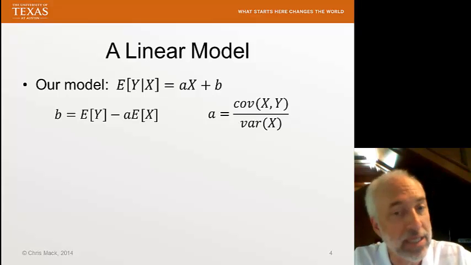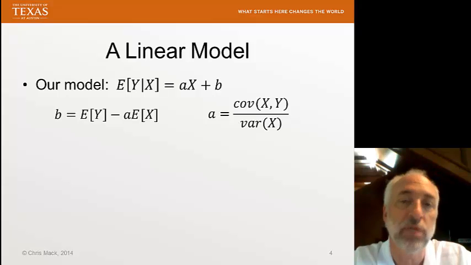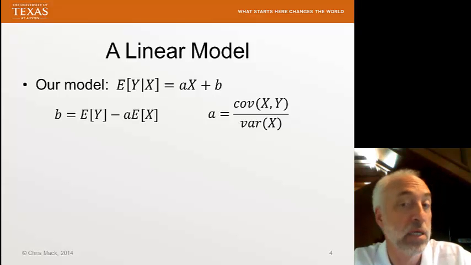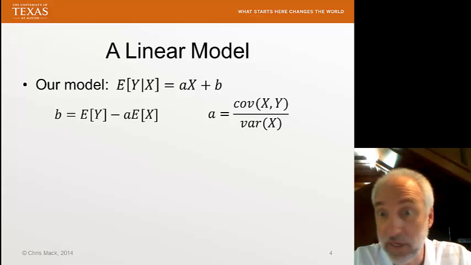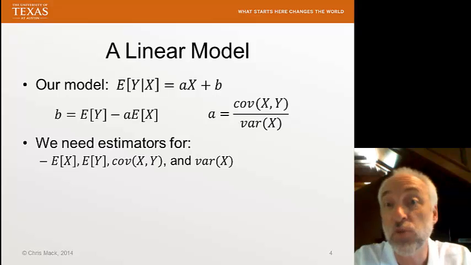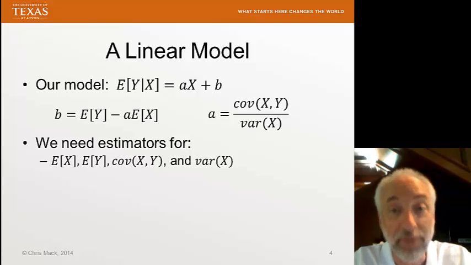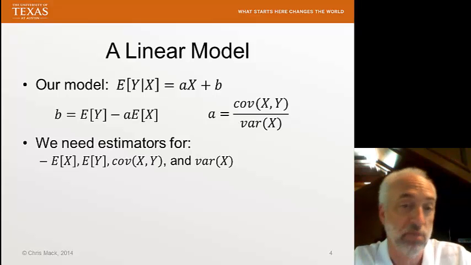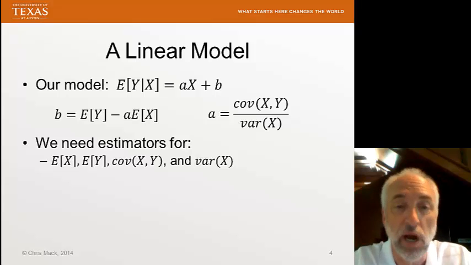B is simply the expectation of y minus the slope times the expectation of x. And our slope is the covariance of x and y divided by the variance of x. We are done as soon as we have estimators for these four statistics: E of x, E of y, covariance of x and y, and the variance of x.